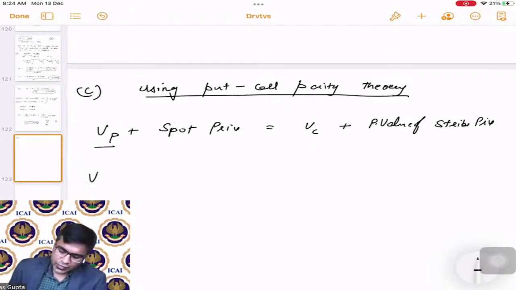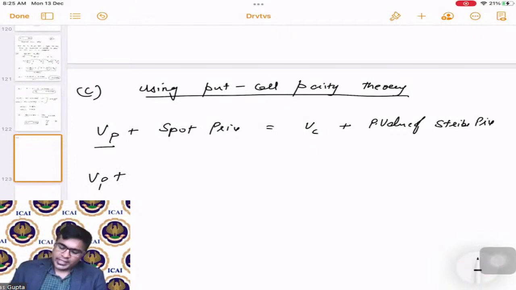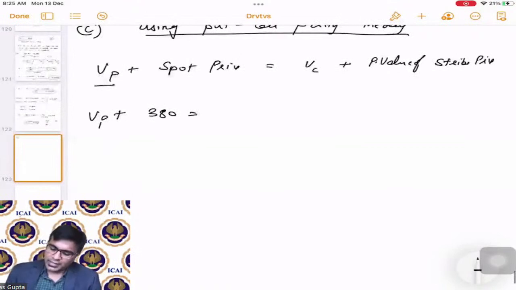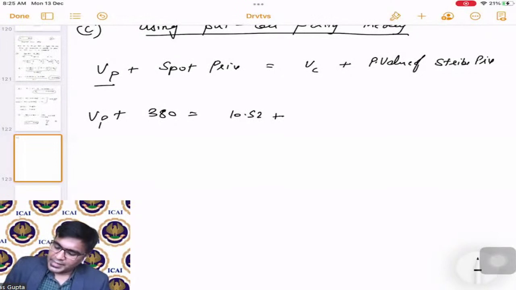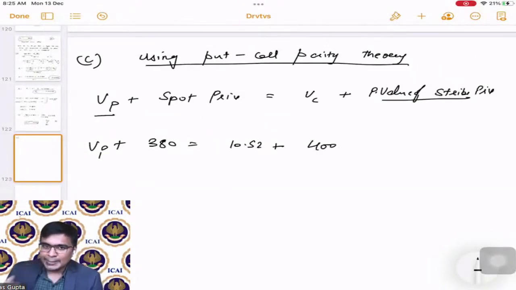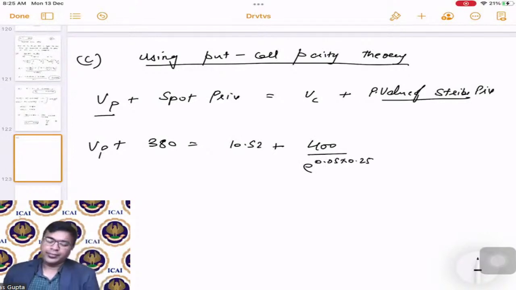Now value of put is what we have to find, plus spot price. They have told us to take 380. Value of call, based on the previous step, because they are saying you have to go ahead with the 380 spot price, is 10.52, plus present value of strike price. Strike price is 400. Present value will be e raised to the power minus 0.05 multiplied by 0.25. Correct?